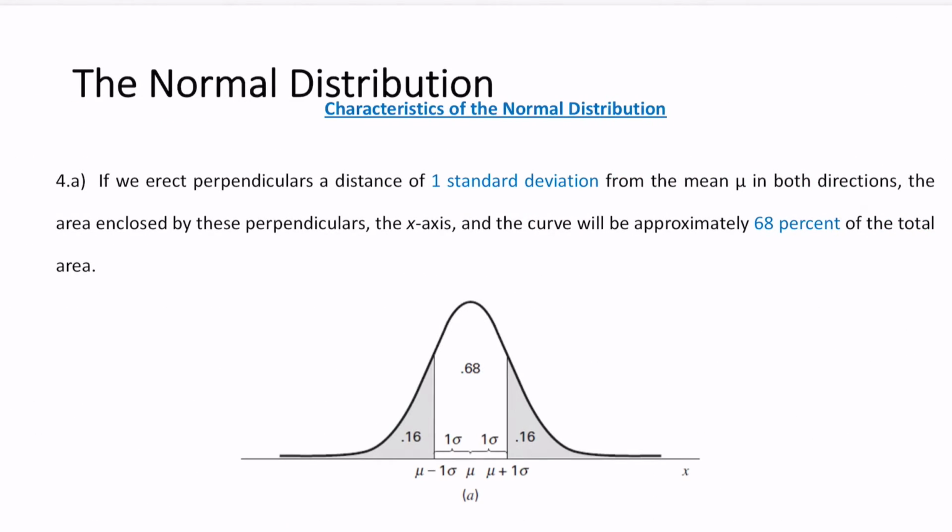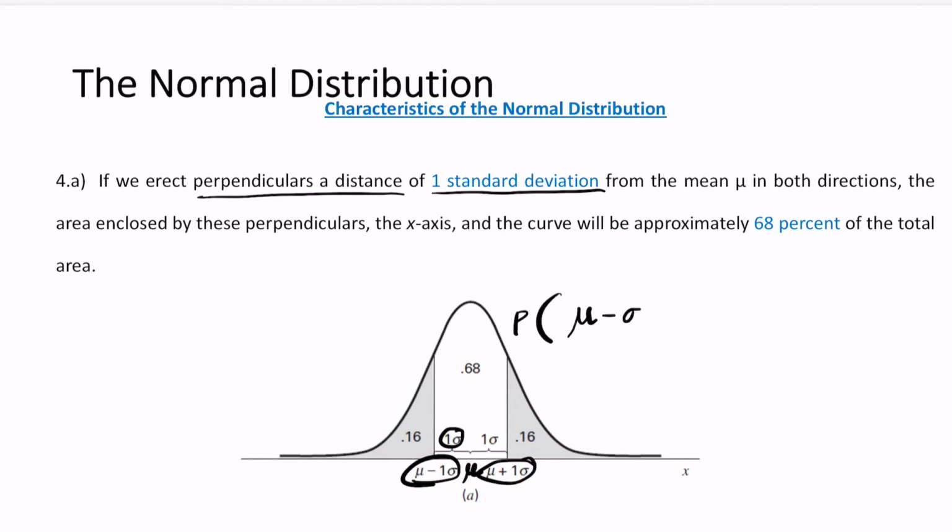Next, the fourth characteristic. If you erect two perpendiculars at a distance of 1 standard deviation, for example, from mu, you take 1 standard deviation to the left and 1 standard deviation to the right, which is between mu minus sigma and mu plus sigma, then the probability of mu minus sigma less than x less than mu plus sigma is 68% or 0.68.